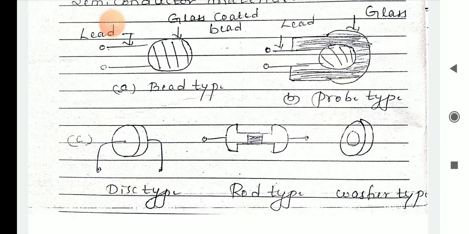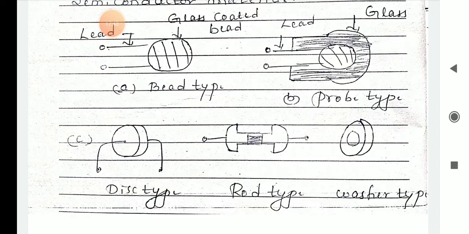Next, for a thermistor, the relation between resistance and temperature is given by R equals R0 exponential of beta into (1 by T minus 1 by T0). Here R is the resistance of the thermistor at T Kelvin, R0 is the resistance of the thermistor at T0 Kelvin, the reference temperature.